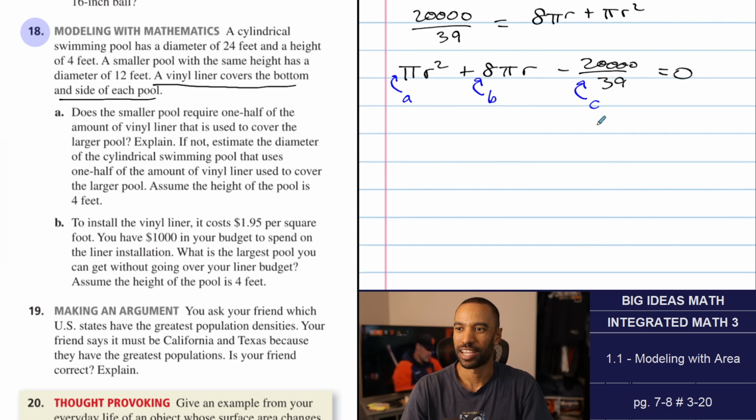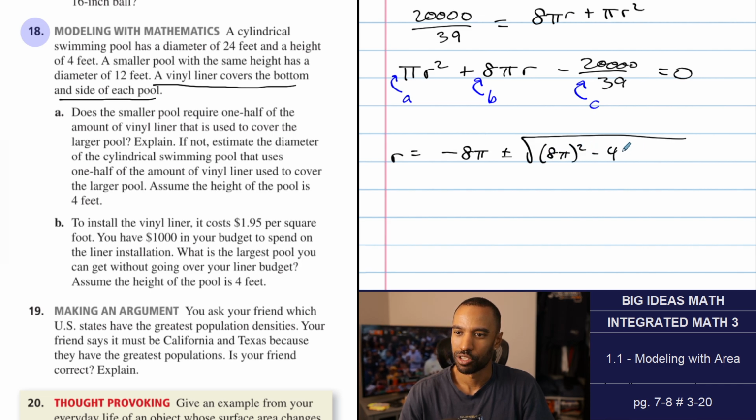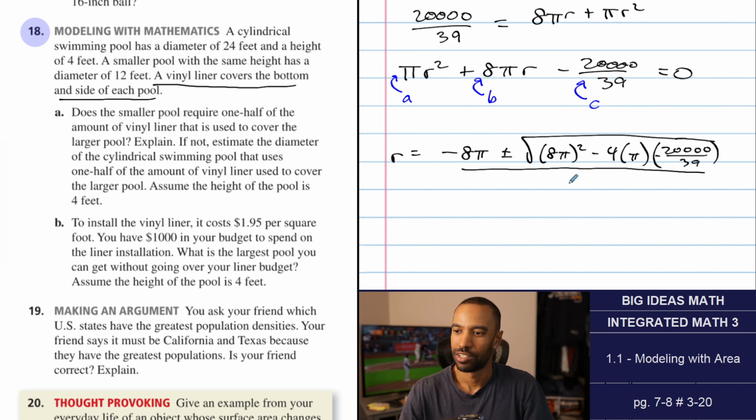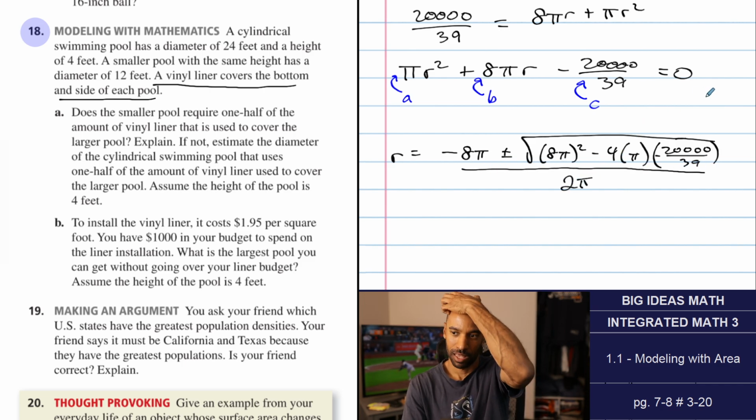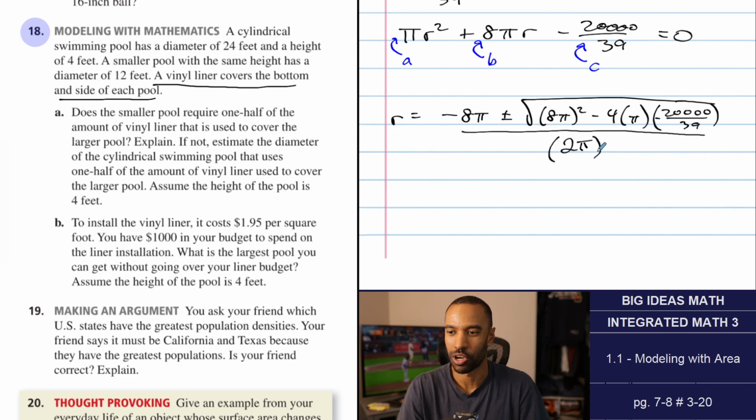Check this out, this is how weird it's going to look. r equals negative B plus or minus the square root of B squared minus 4AC, that needs to be negative, all divided by 2A, 2 pi. Now I could do this right now with the calculator. I think I will, just because this is so rambunctious. So I'm going to start typing this stuff in.